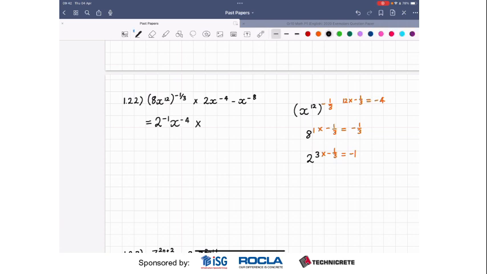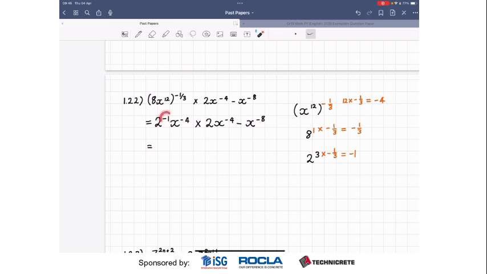And then I'm going to keep all my other things the same. So this is 2 times x to the negative 4. And this is minus x to the negative 8. Okay, so now I've got it simplified, and I'm just going to rewrite my expressions here.